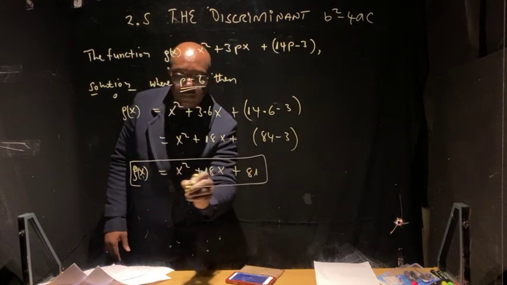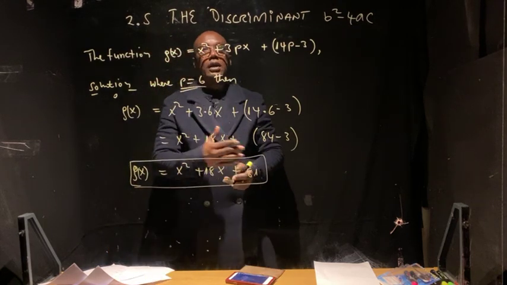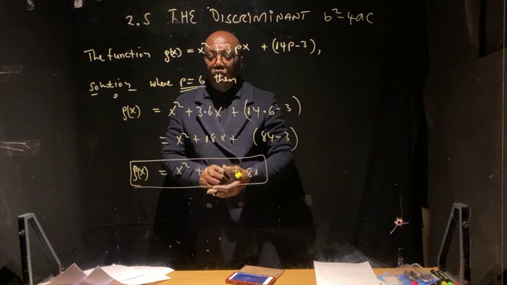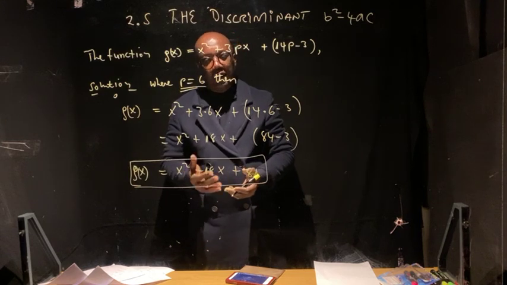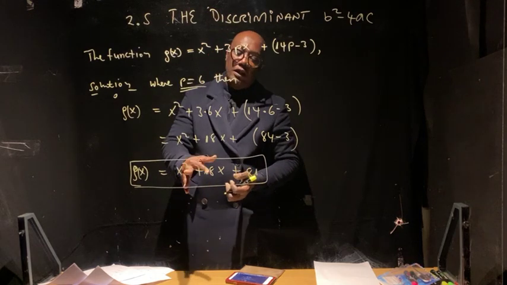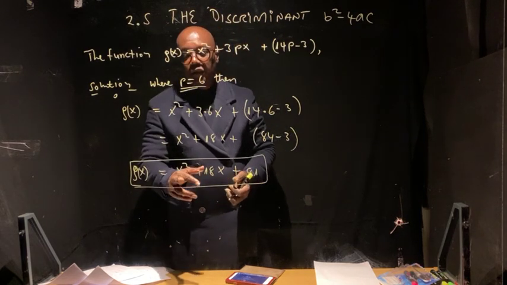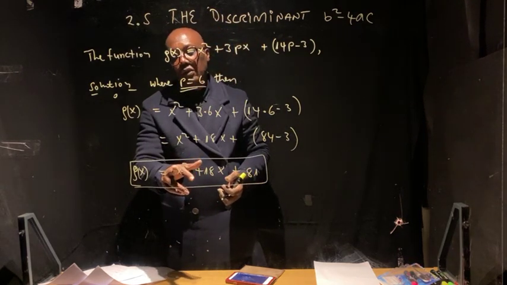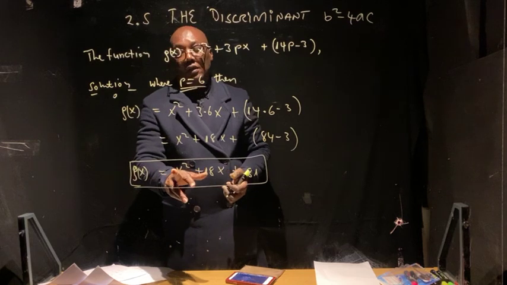If you are factorizing this one, you can go by the completing square approach or by the normal quadratic factorization. By the normal quadratic factorization, you can see that the coefficient of x squared here is 1.